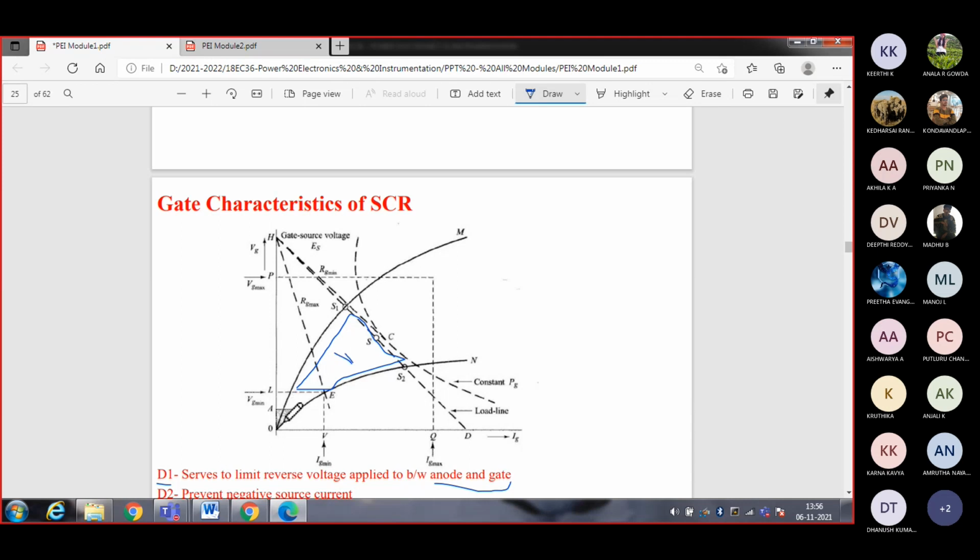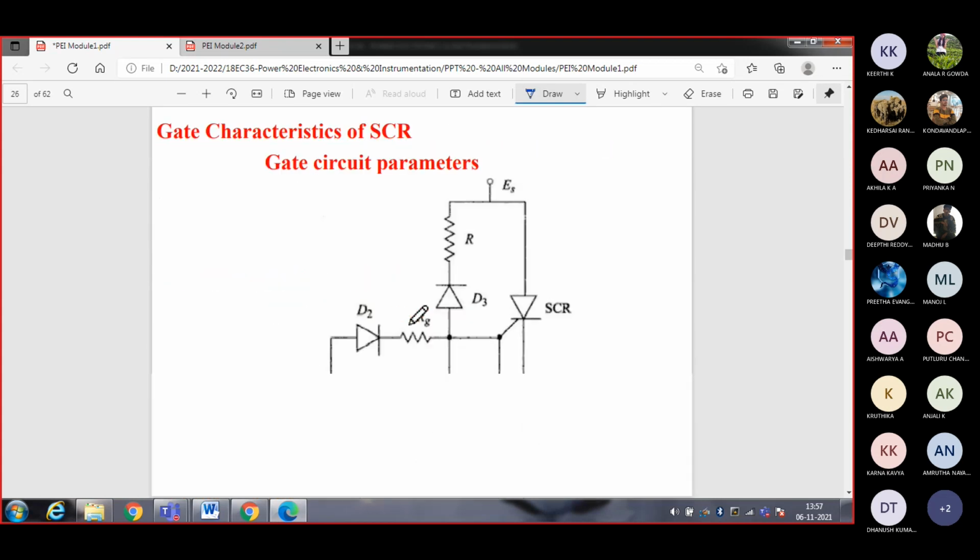I minimum is this one, I maximum is here. Similarly, V minimum is here, V maximum is here. Between this region you get your gate characteristics. Between S1, S, S2, the characteristics can be calculated. So this is the gate characteristics of SCR.